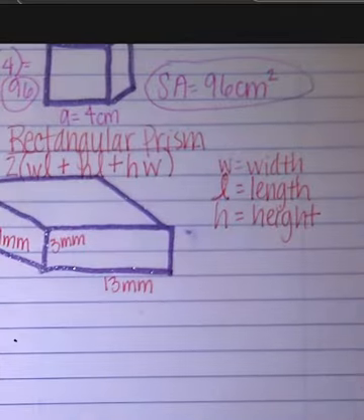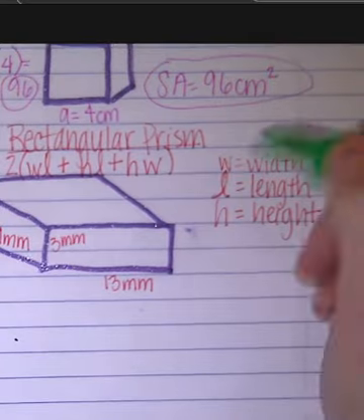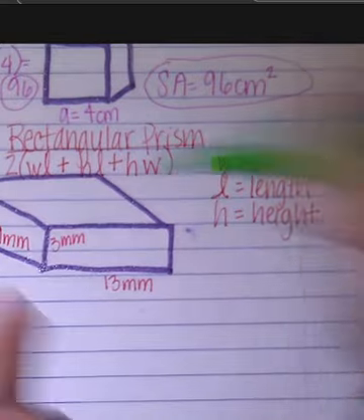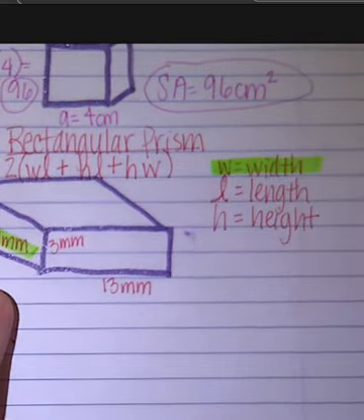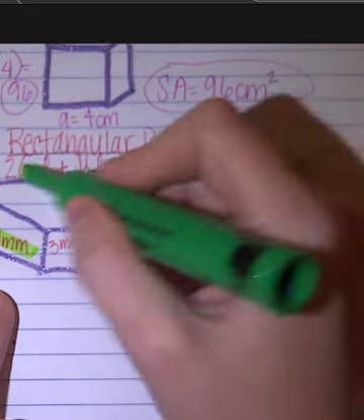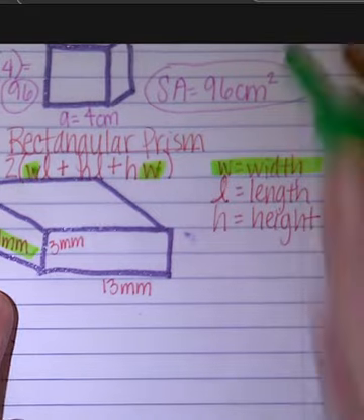Okay, well, I'm going to highlight different things different colors, so you can see. So the width is always going to be how far it goes back. So this is your width. It's going to be green.